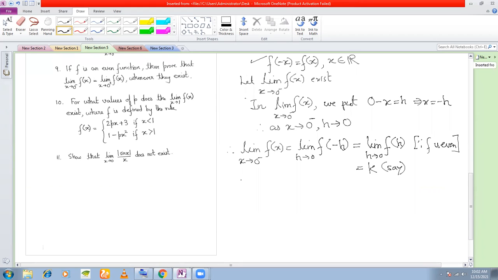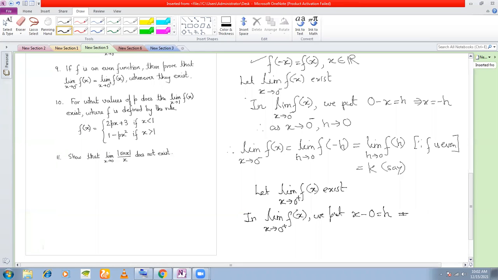Okay, now we shall evaluate the right hand limit. Let the limit as x tends to 0 plus of f of x exist. In the limit as x tends to 0 plus of f of x, we put x minus 0 is equal to h. That is, x is equal to h.